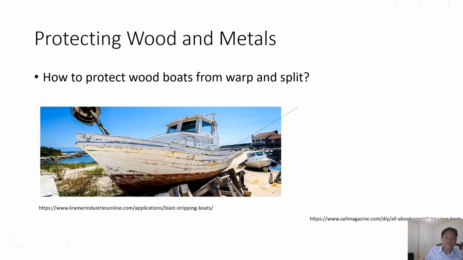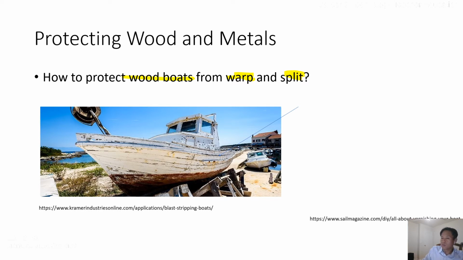And then I also had a question: how to protect a wood boat? Many boats were made of wood. Wood is very fragile, or wood easily wears, or easily warps or splits under certain circumstances.